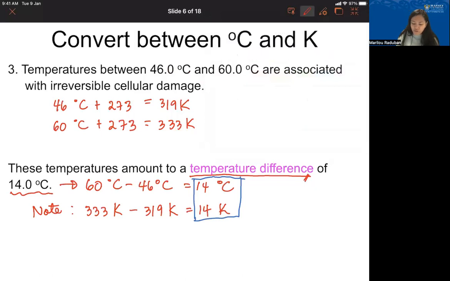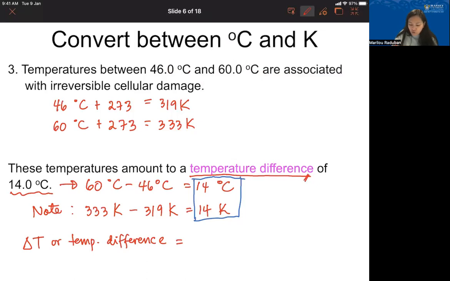And the reason for that is that temperature difference, delta T, is subtracting two temperatures.